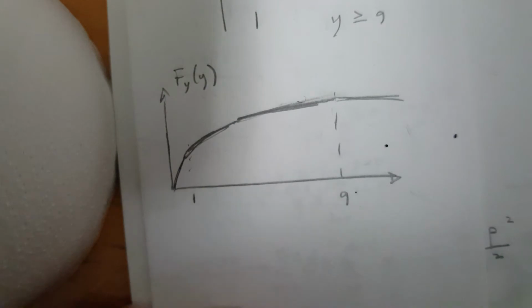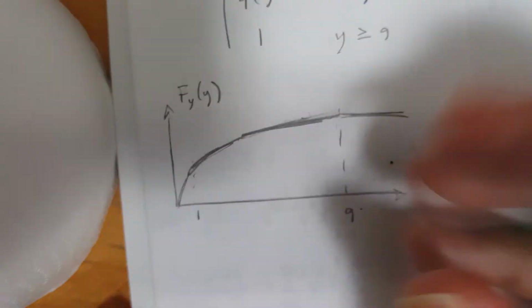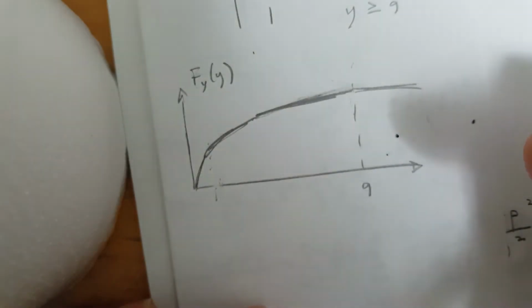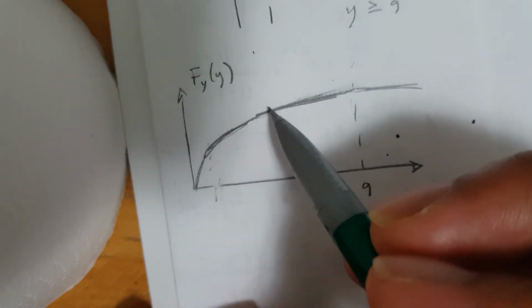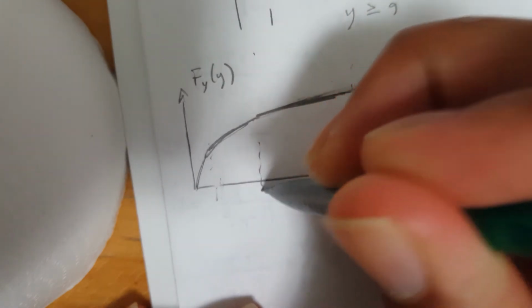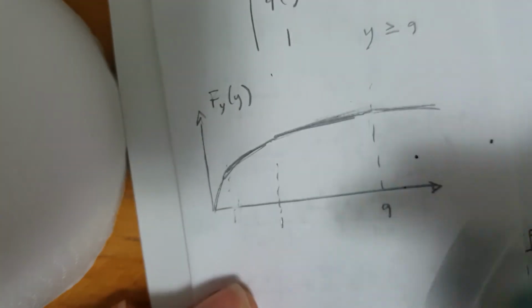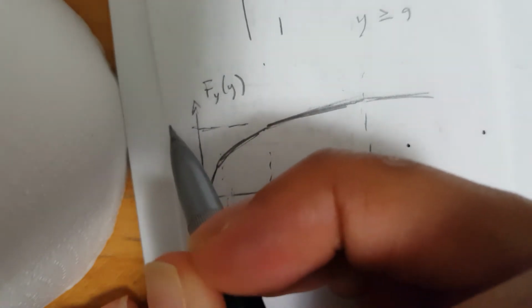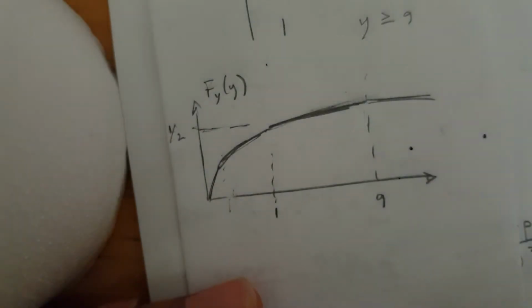So 1, 2, 3. Yeah, it's here. Sorry, that's where I meant to put it. And this is 1/2 there.